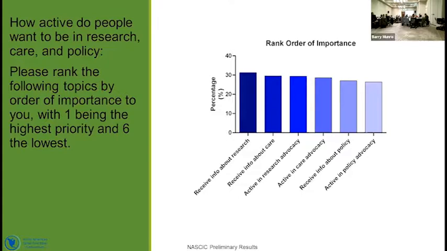People also want to receive information about care and then be active in research advocacy, active in care advocacy. These are all pretty minor differences if you talk about the different rankings. And then receive information about policy and be active in policy. And maybe people don't really know how to be active in policy.